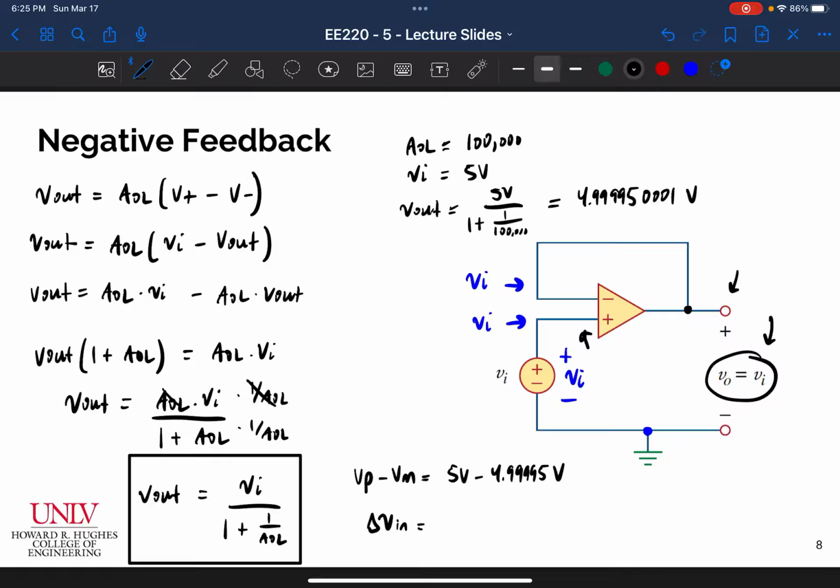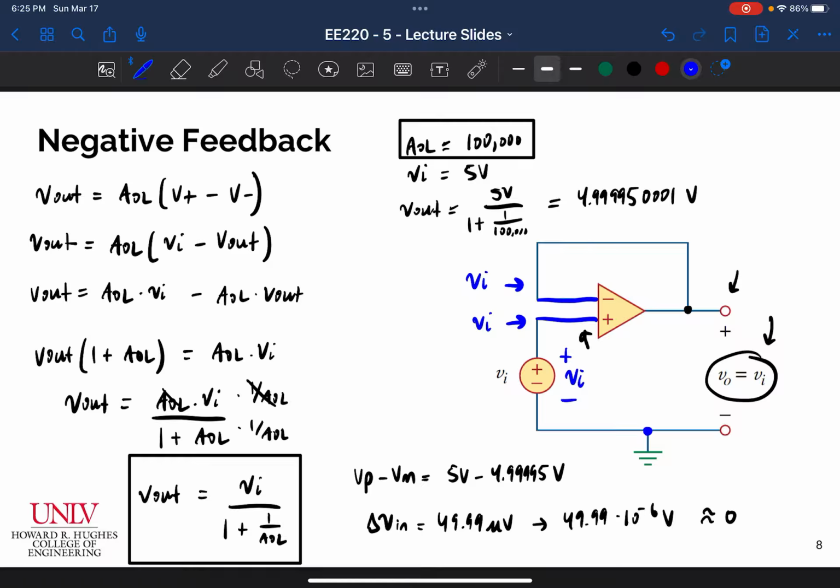It's going to be 49.99 microvolts, or 49.99 times 10 to the minus 6 volts, which for all intents and purposes is basically 0. For solving circuits, it is an okay approximation if my open loop gain is large enough. It's an okay approximation to say that these two terminals are at the same potential. Okay, that's my slide on negative feedback.